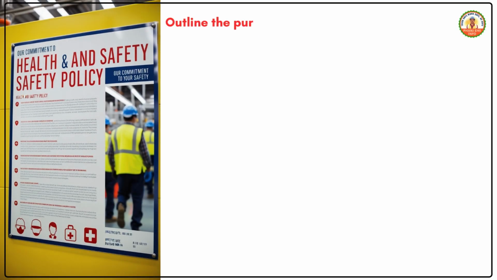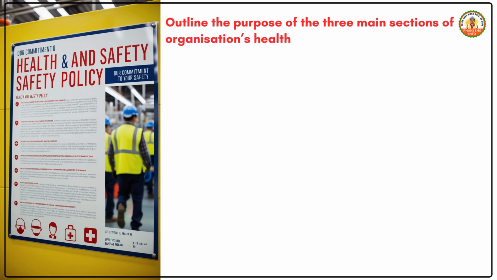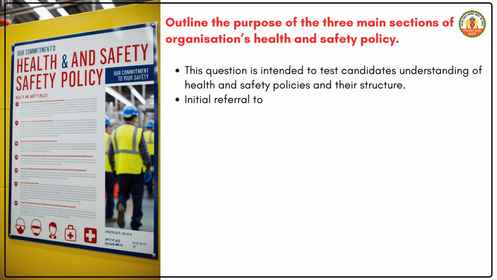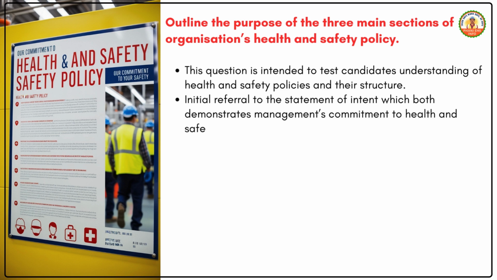Outline the purpose of the three main sections of an organization's health and safety policy. This question is intended to test candidates' understanding of health and safety policies and their structure. Initial referral to the statement of intent, which both demonstrates management's commitment to health and safety and sets goals and objectives for the organization.